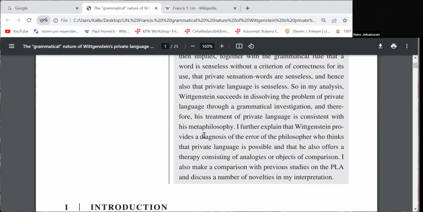So in my analysis, Wittgenstein succeeds in dissolving the problem of private language through a grammatical investigation. And therefore, his treatment of private language is consistent with his meta-philosophy.